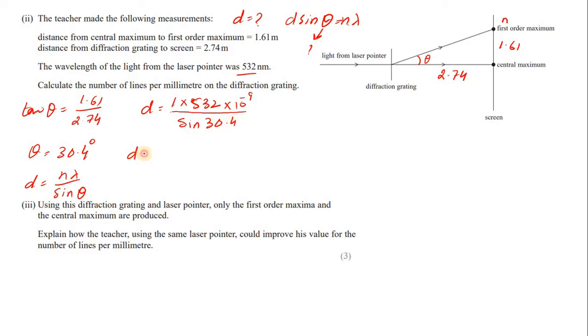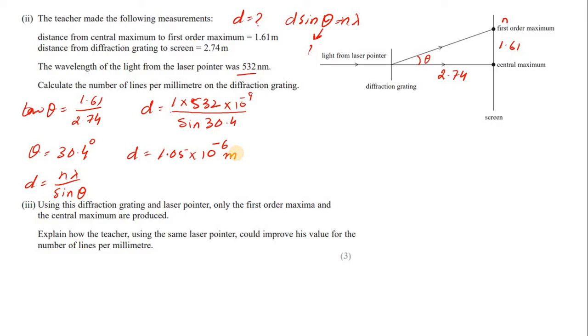So d is equal to 1.05 times 10 to the power minus 6 meters.